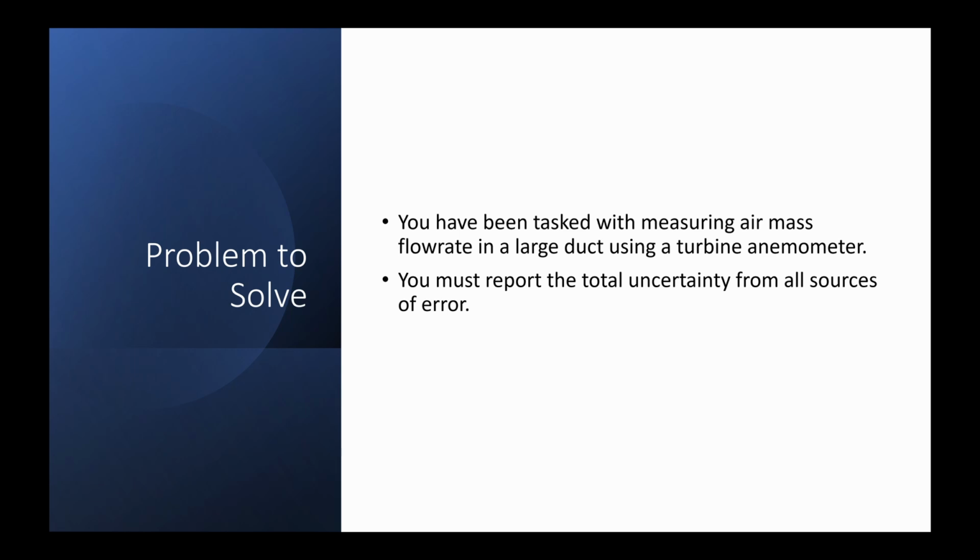So how does the uncertainty associated with that roll up into our overall mass airflow calculation? We also have our turbine anemometer. There's probably some bias and precision uncertainty associated with the measurements we're doing there as well. So how do you bring all those together and report a total uncertainty from all sources of error for the mass airflow rate? That's what this discussion is about.